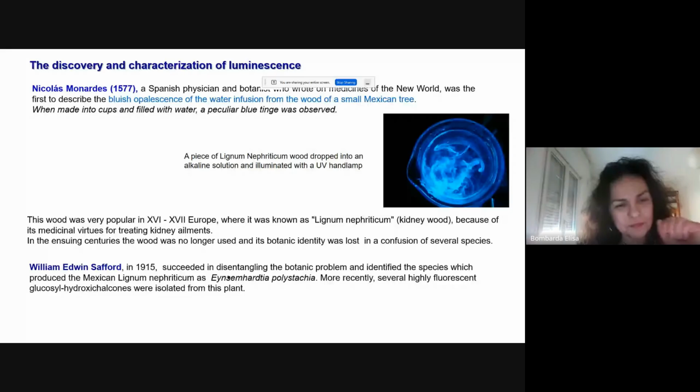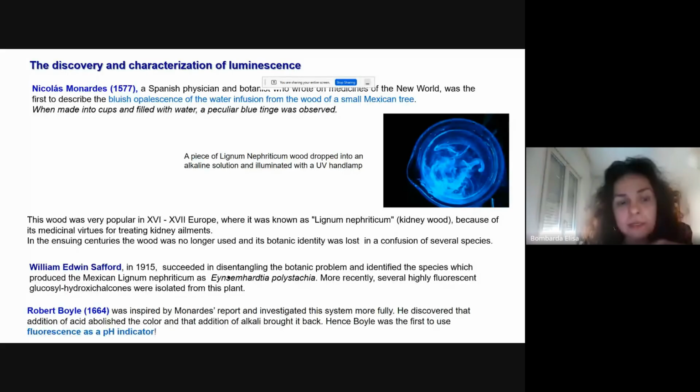Okay, because that would have been quite a good step. But okay, so this wood was identified, and then more recently the molecule really was isolated.